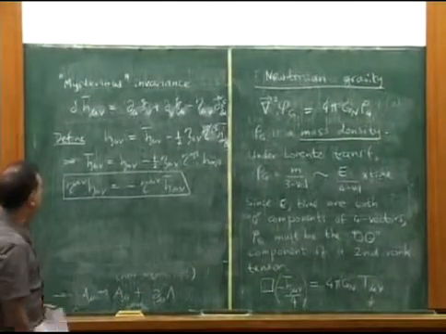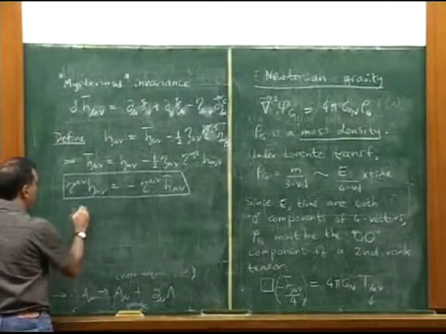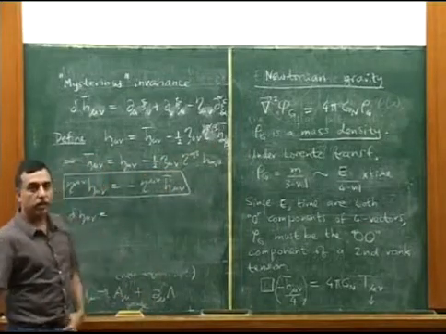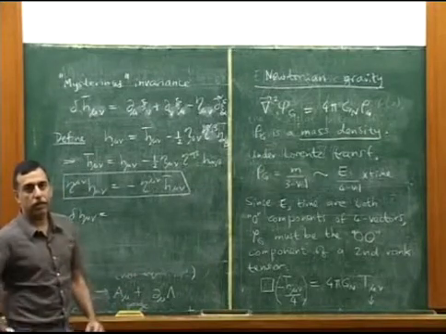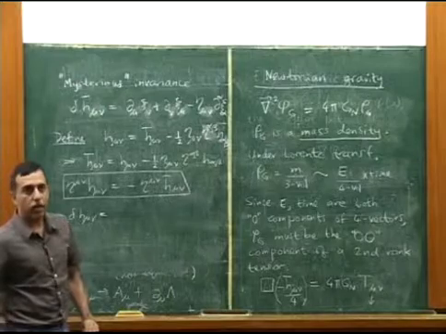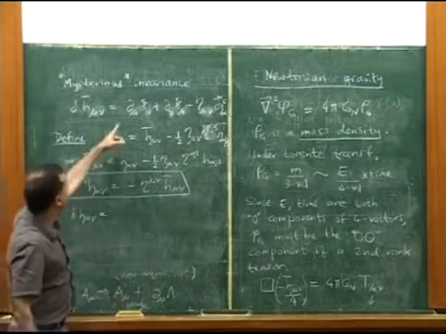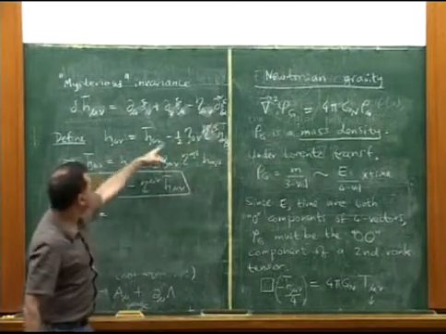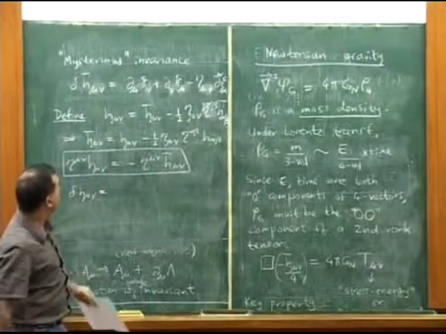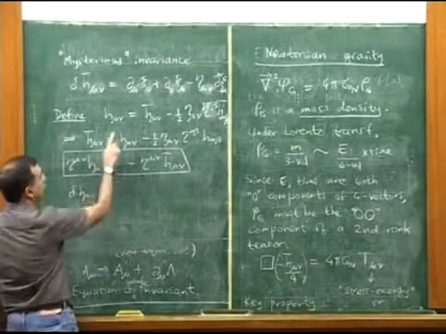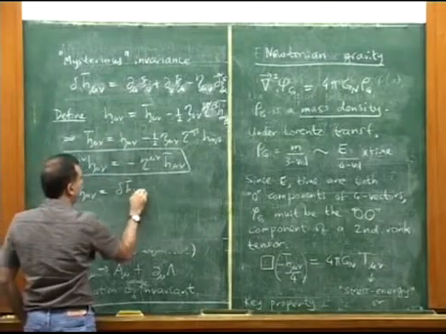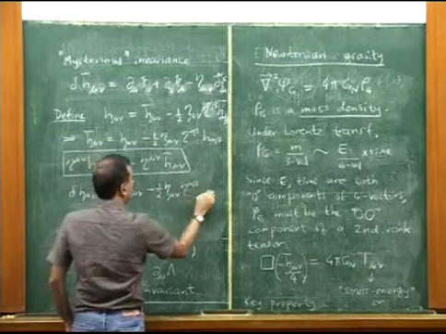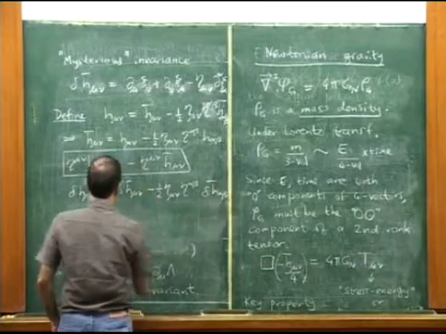Now, what is the variation of h mu nu? Once I make this change of variables, I can plug it into all those equations and I'll get some new equations. I'm not so interested in the equations, I'm more interested in the invariance, this one. I want to simplify it, and I claim that this change of variables does simplify it. So let's see how that happens. Delta h from this relation is delta of h bar minus a half eta mu nu eta alpha beta delta h bar alpha beta.